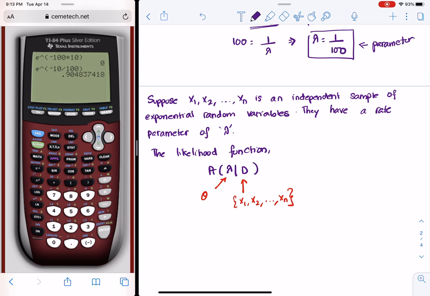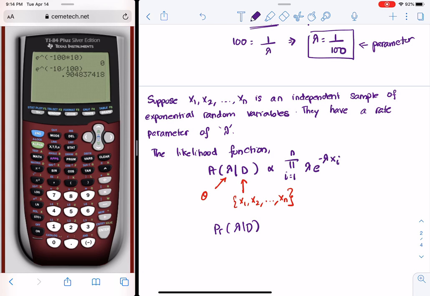Will be proportional to the product of i equals 1 to n of lambda e raised to negative lambda times xi. In this case, the proportionality constant is just 1, but I'm just going to keep it as is for now.